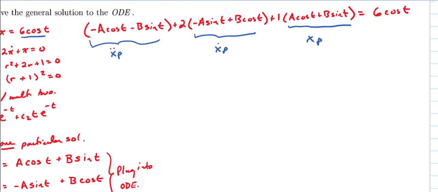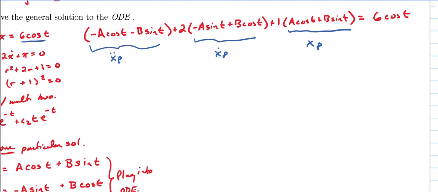So now what we're going to do, and I don't think we've done this before, we're going to collect together all of the sine terms and all of the cosine terms to enable us to solve for a and b. If I were to group together all of the cosine terms, I would have for my coefficients a minus a from this cosine, a 2b from this cosine, and a 1a from that cosine. So all of these go with my cosines of t.